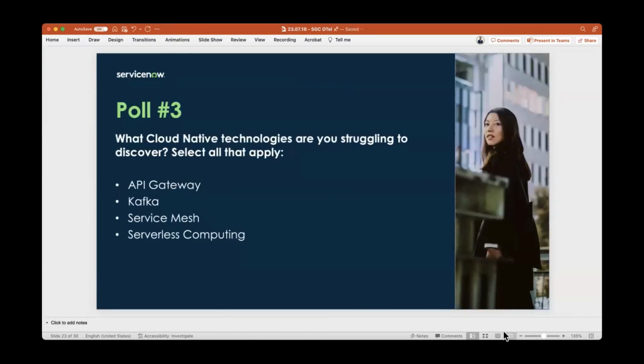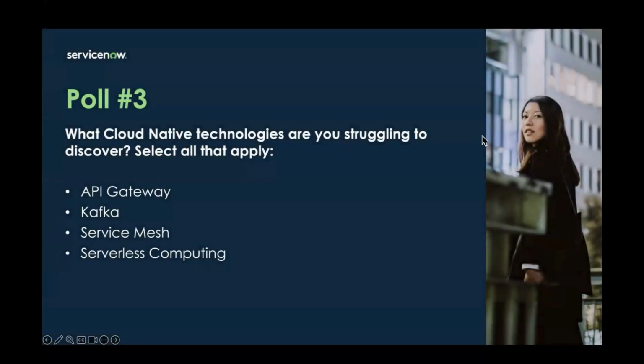So we did the demo. I want to go back to this poll. I just want to highlight that as we're going through this poll, because we're using OpenTelemetry, Kubernetes is not the end game. It's really any technology that can use OpenTelemetry can also be brought over to the CMDB, right?